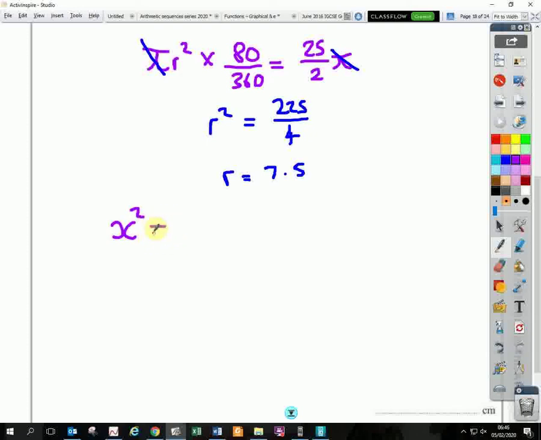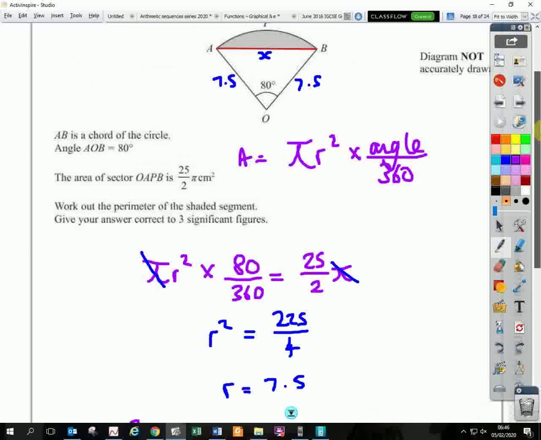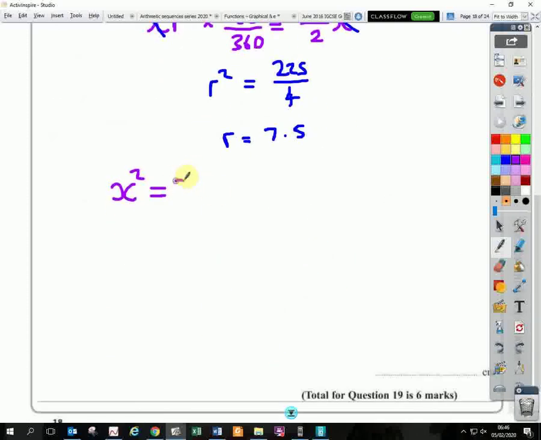We have x squared, according to my diagrams, the one I'm working out. X squared equals 7.5 squared plus 7.5 squared minus 2 times 7.5 times 7.5 times cos 80. Yes? And that's x squared.